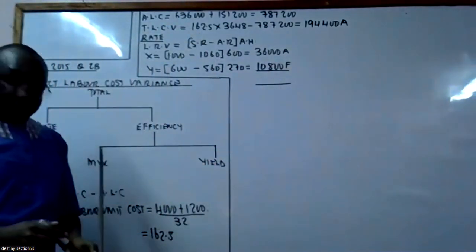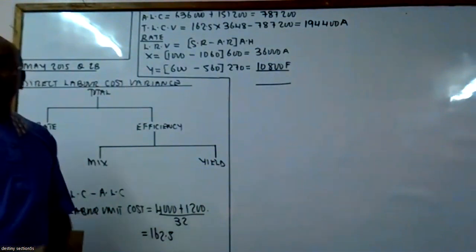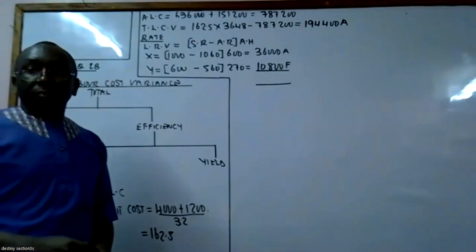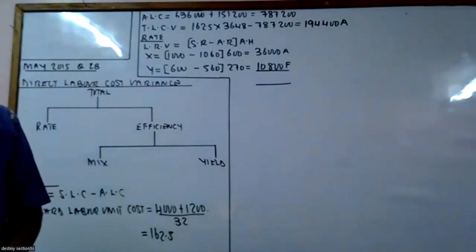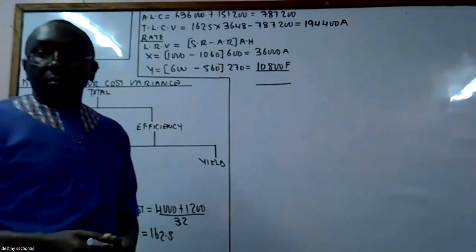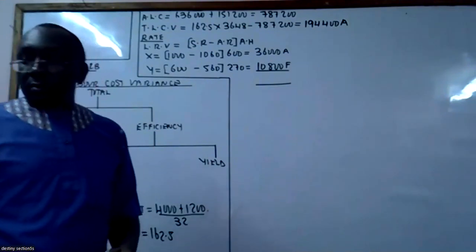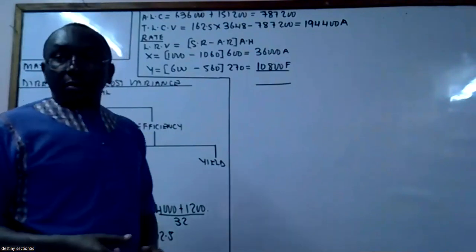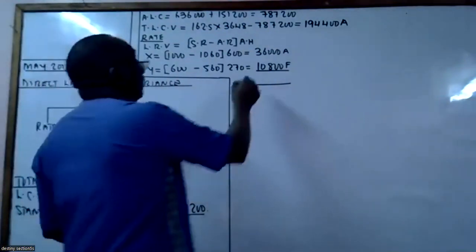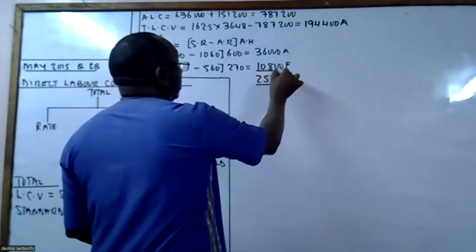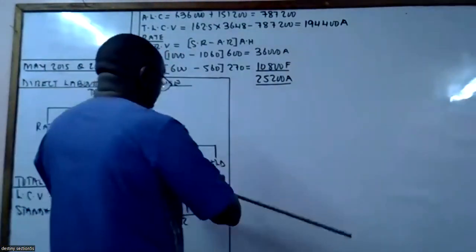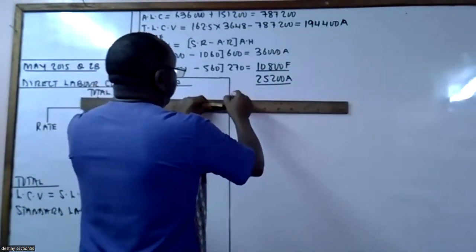Tell me what we are going to get. $25,200 adverse. The next one is the efficiency.